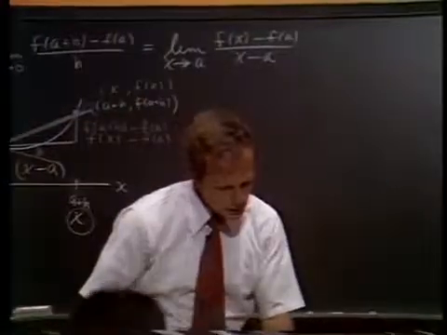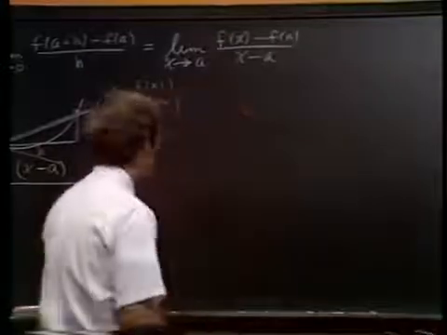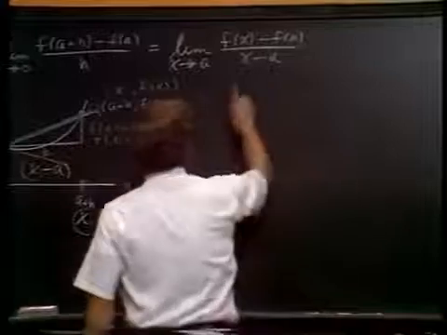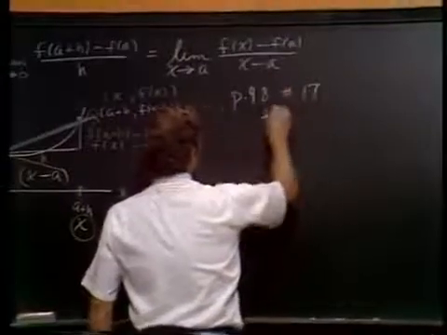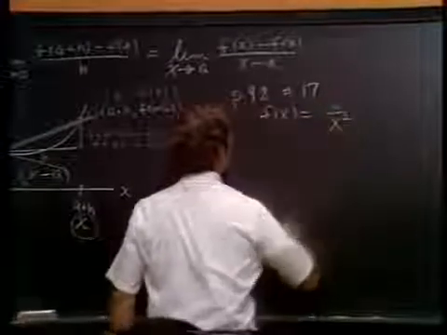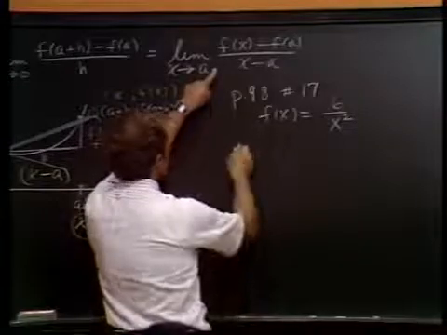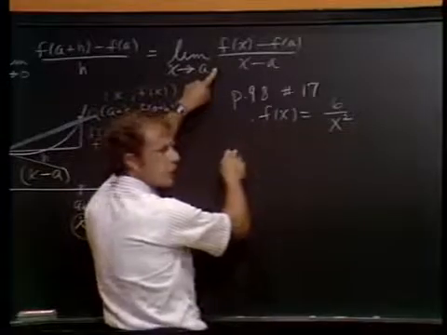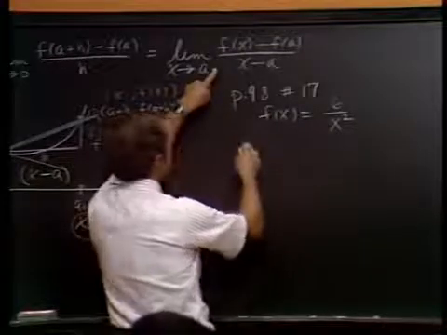17 or 19? Let's take 17. They look about the same. I think there f of x is, what, 6 over x squared? Okay. So they're asking you to use this second formulation. Do they have a specific point, or is it not even mentioned? Okay, let's use exactly what we have up here.